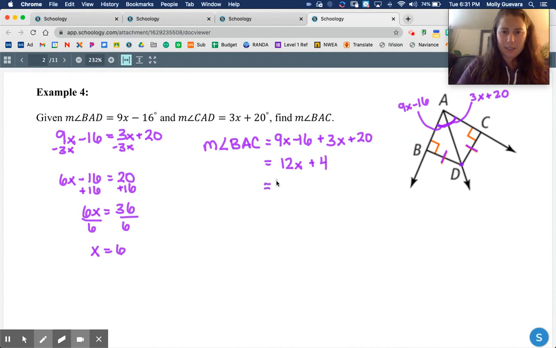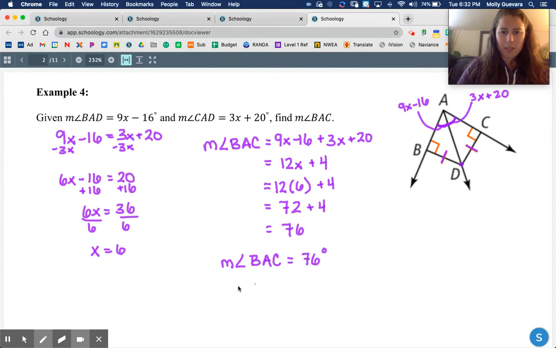X is 6. So I have 12 times 6 plus 4. 12 times 6 is 72 plus 4, which gets me 76. So that lets me know that the whole angle, the angle of BAC, is equal to 76, and don't forget your units, and in this case the units is degrees because it's an angle.